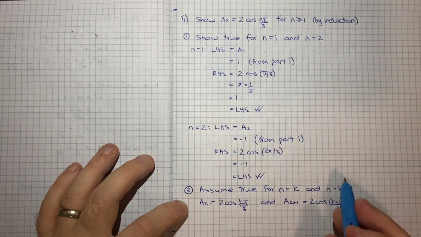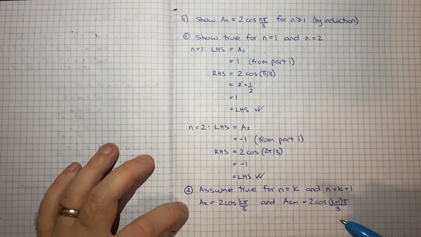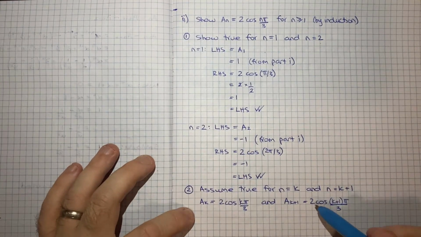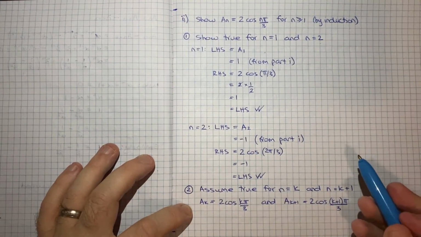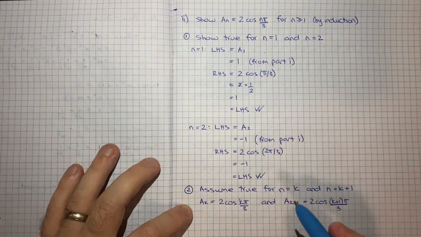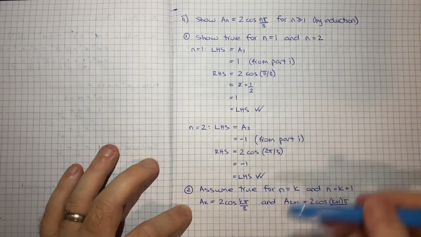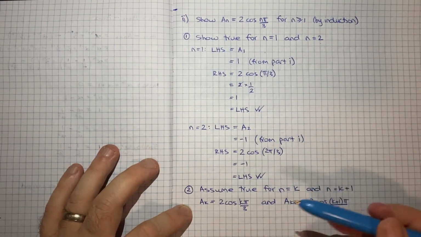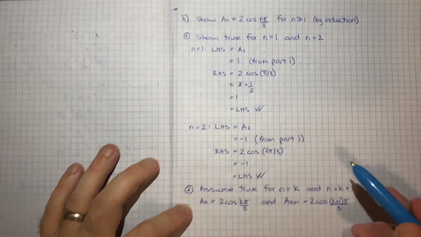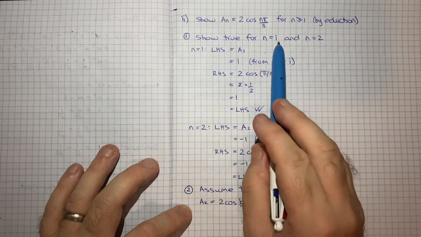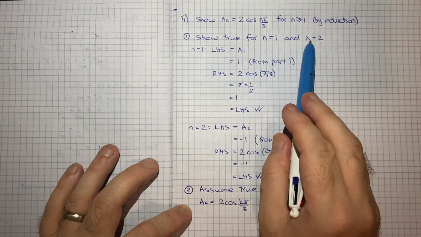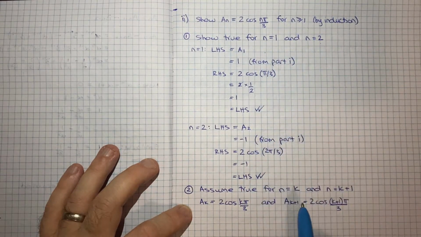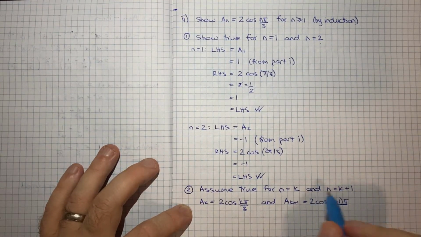So again, we're going to make these assumptions and then make use of them in our next step to trigger that domino effect that underpins what's really going on with induction. Because we start by showing it's true for some initial values, we then assume it's true for some generic values, and then through that prove it's true for the next increment.